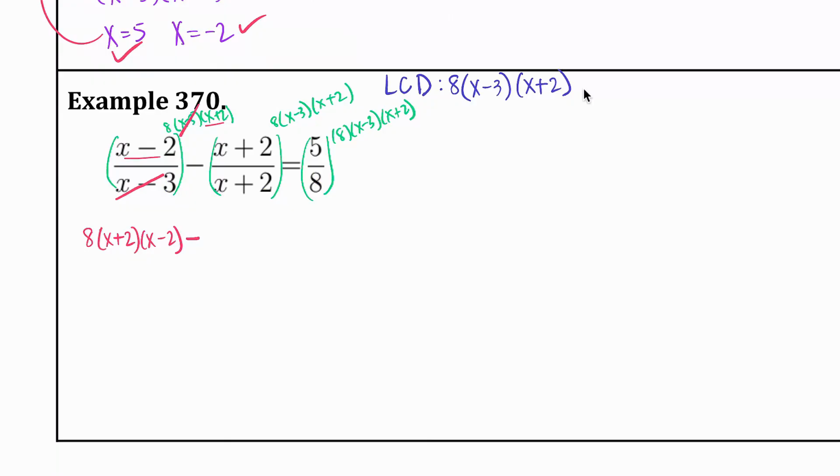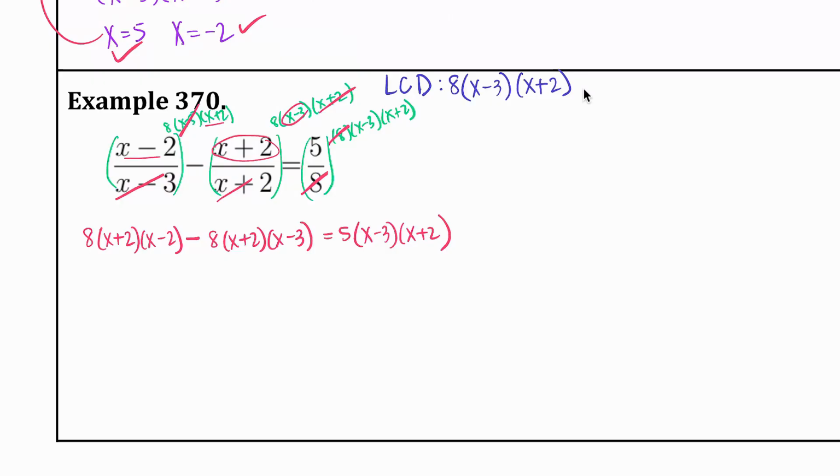Don't forget that minus there. These cancel. So I have minus 8. I still have this, x plus 2, x minus 3. Here, my 8's cancel, but I'm still left with equals 5 times x minus 3 times x plus 2.